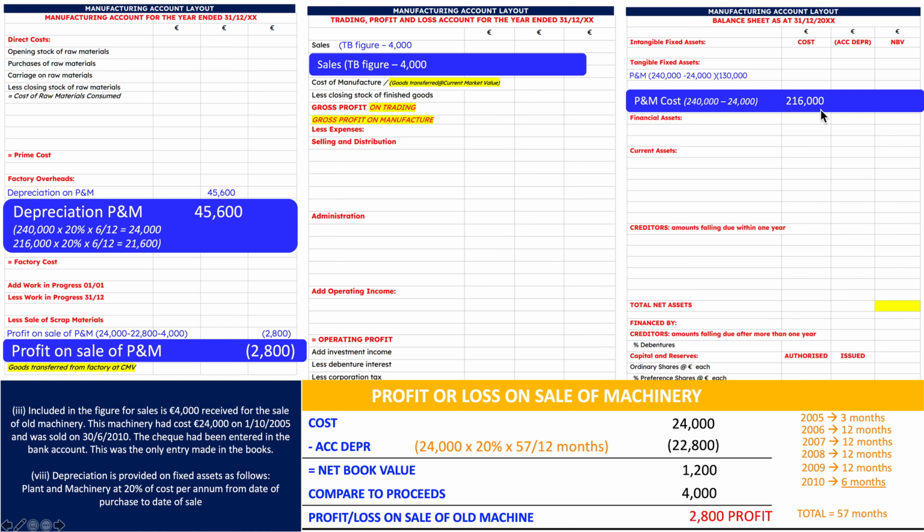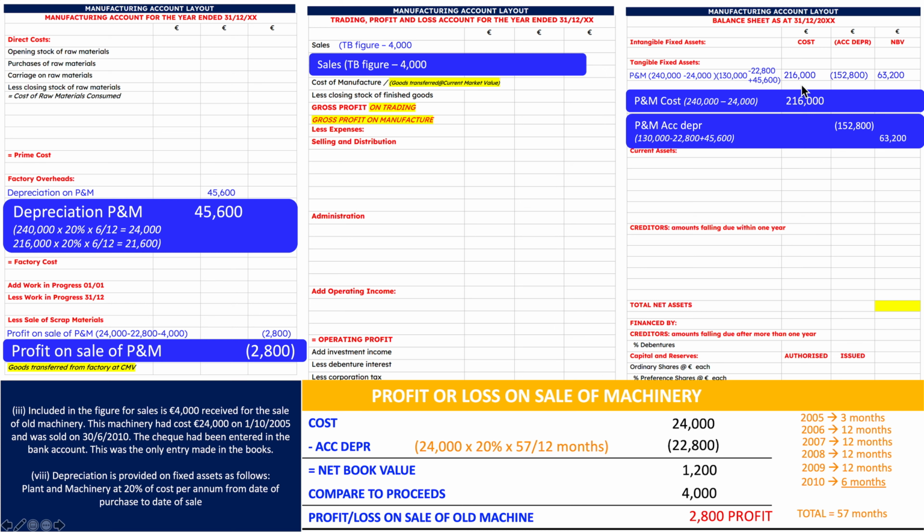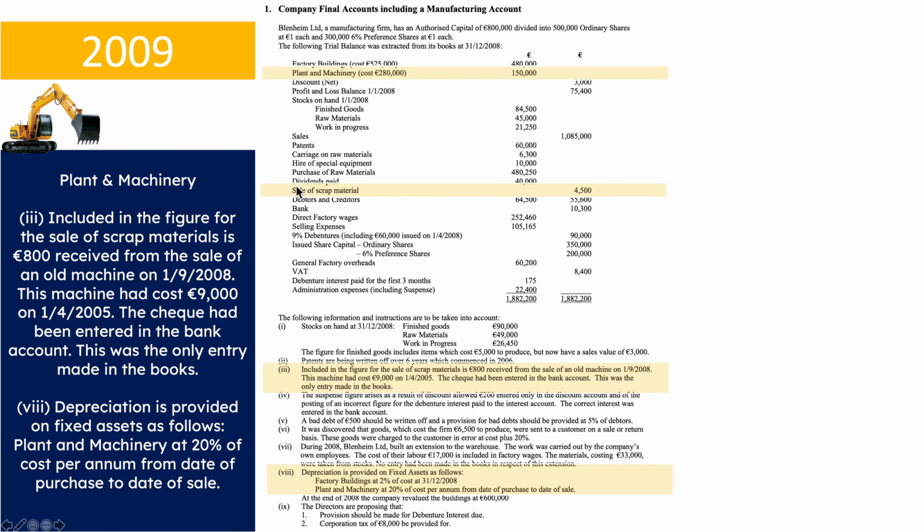And then the cost at the end of the year, because they sold that 24,000, was 216 by 20% by 6 over 12. So altogether 45,600. So we'll add the 45,600 and we will take away the 22,800 accumulated depreciation on that old machinery. So then we have a cost 216, we'll minus 152,800, and then the net value is 63,200. So that's the 2011 one done.